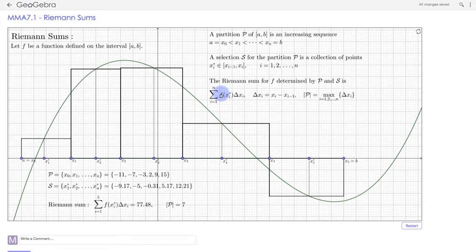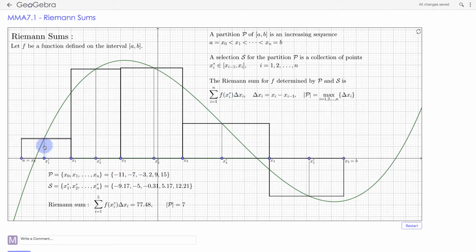So in other words, each of these terms, you can see them as illustrated here. The length of the interval here corresponds to delta x1. And what is f of x1 star?